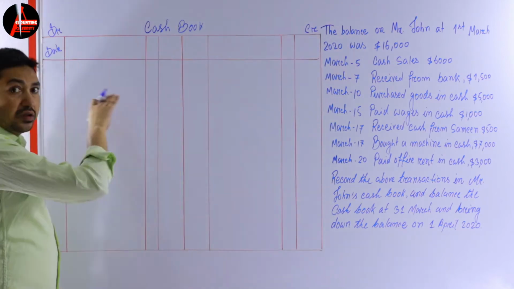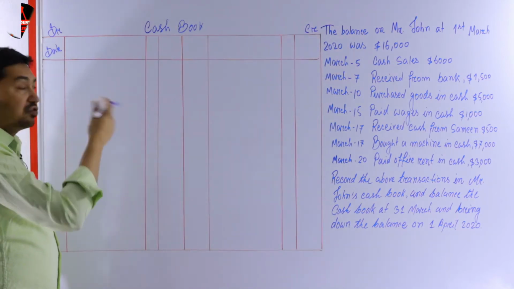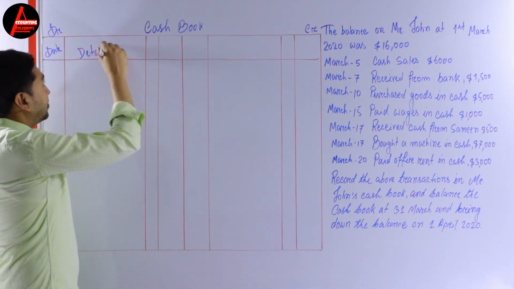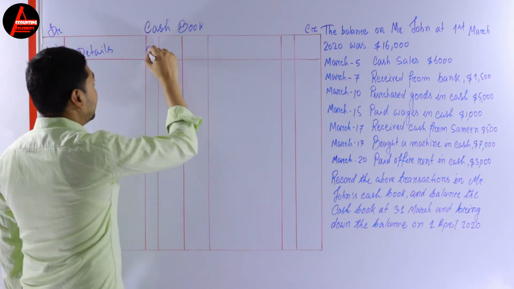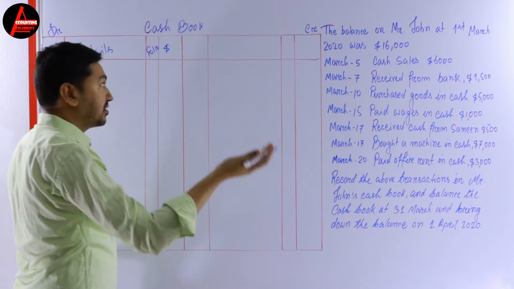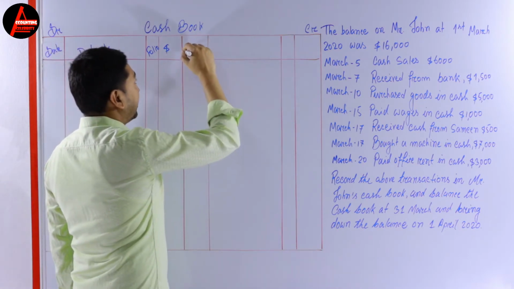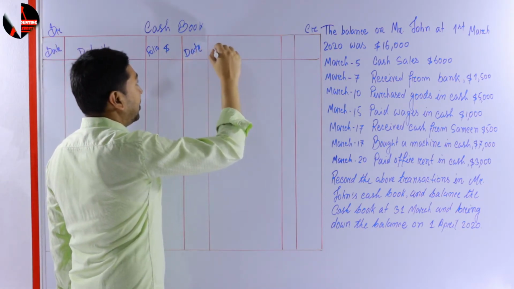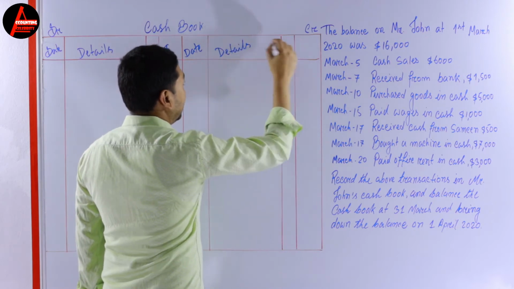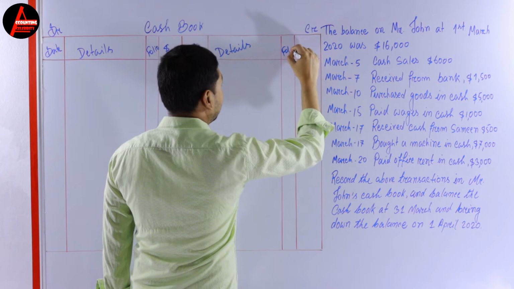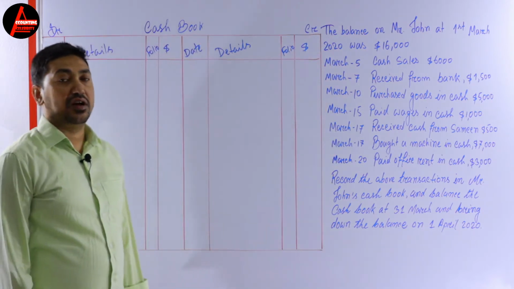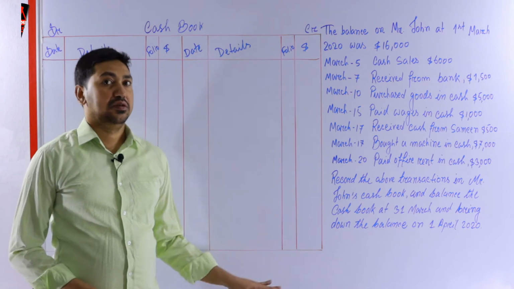These columns will be used to record date, then details, folio, and dollar. Same here, you will record date in this column, and here details you will write, and here folio and dollar. So these are the 8 columns in this format.